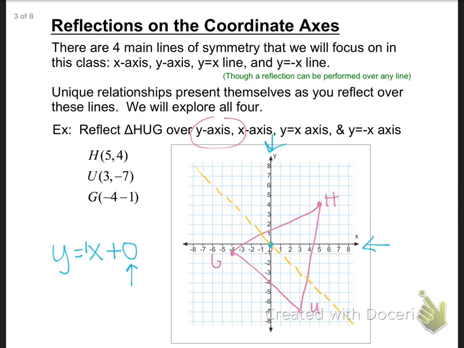All right, so G is 1, 2, and 1/2, so 1/2, 1, 2. G prime. H is 1, 2, 3, 4 and a half, 1, 2, 3, 4. H prime, and U is 1, 2, 1, 2. U prime. And I'm going to erase some of these dots so it's a little less confusing.